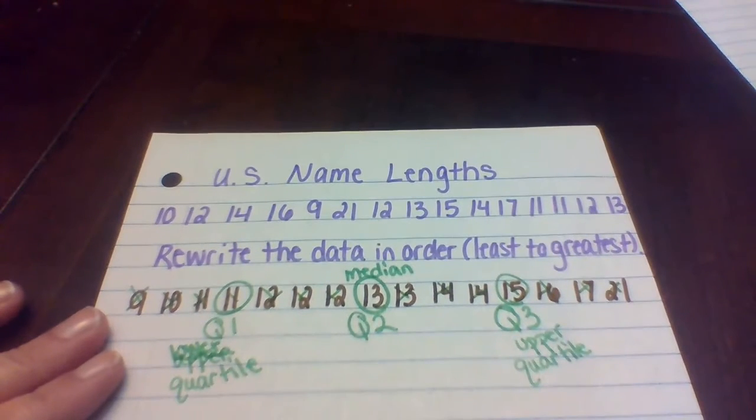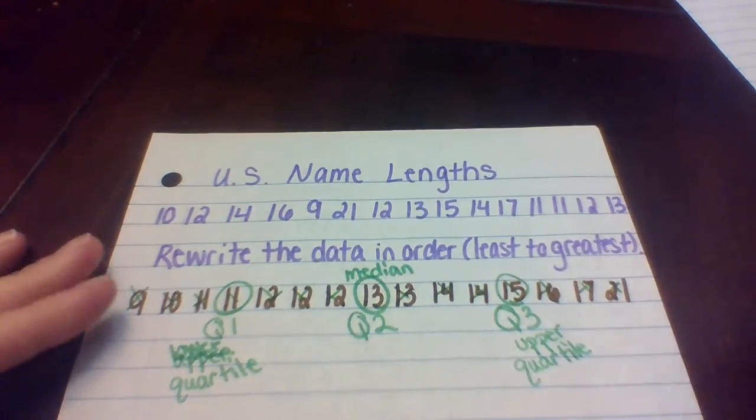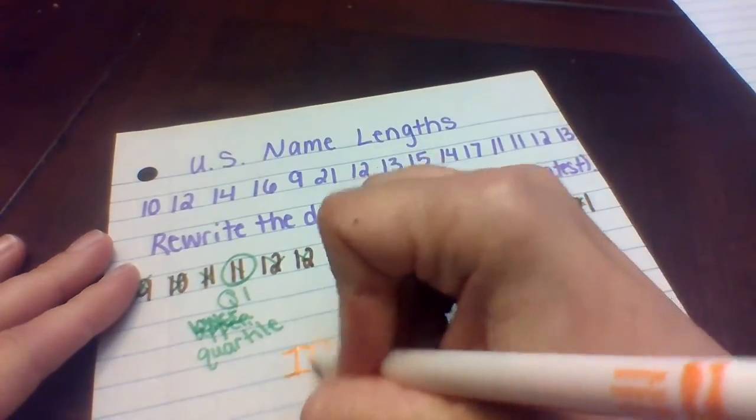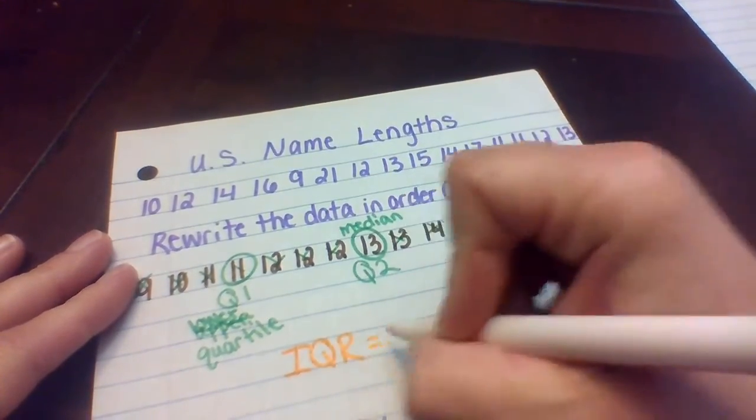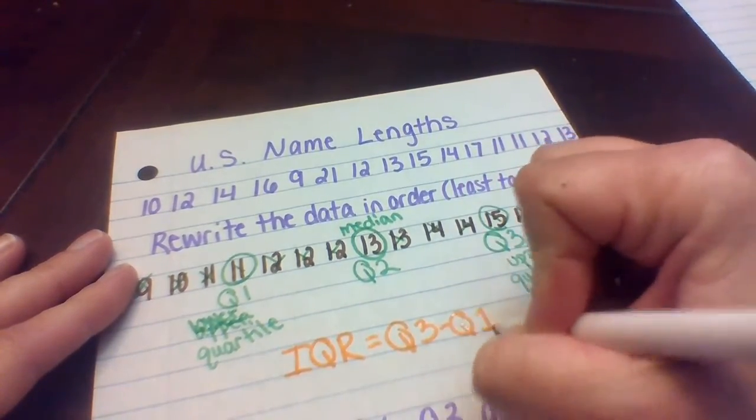Now we need to find the IQR. So to find IQR, I need to remember that fancy formula where I'm just finding the range of the quartiles. So IQR is taking Q3 minus Q1.